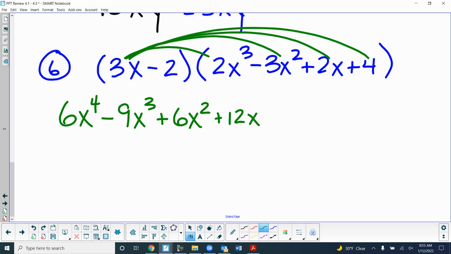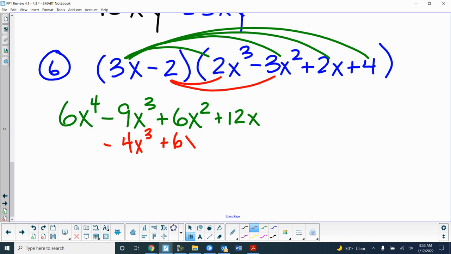Then I have to multiply the negative 2 times the 2x cubed. What I like to do is line up now my like terms. So I'm going to make that a negative 4x cubed and put it under the 9x cubed. And then negative 2 times negative 3 is a positive 6x squared.